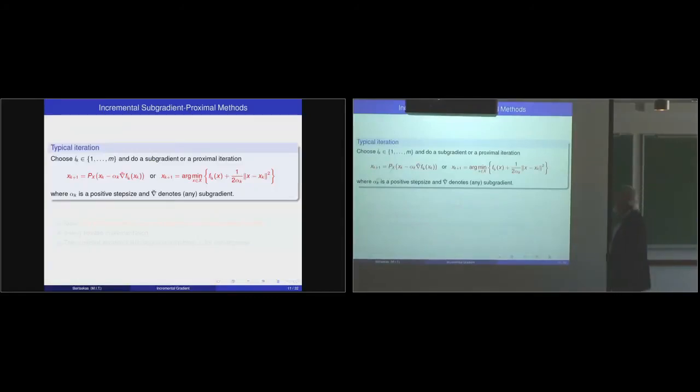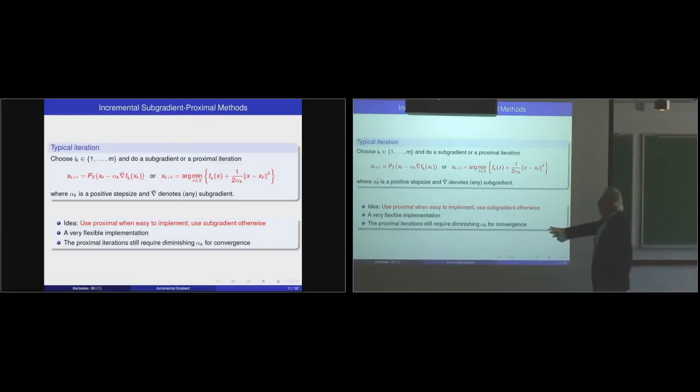But here's an idea that comes naturally. You have this sum of components to minimize. Take a component. If it's easier to do the proximal iteration for that component, you prefer that. If that's difficult, then you use a gradient iteration. So it gives you the option to do one or the other, and the convergence properties are exactly the same as for the case where you use only one algorithm and you don't mix them together.